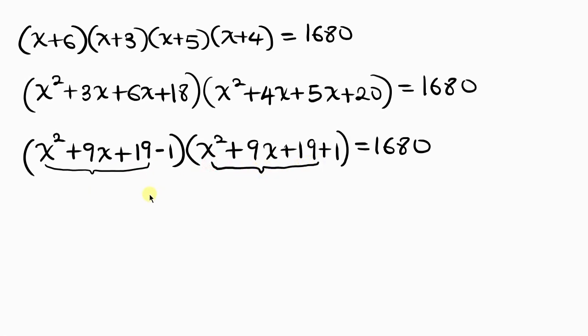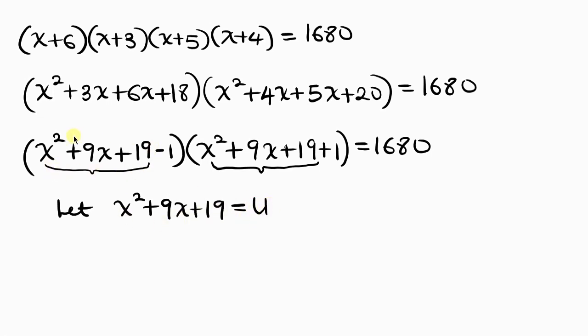Now, if you look, you'll notice that it is actually the same expression. So we can apply substitution as our next step. Let this expression, x squared plus 9x plus 19, be equal to u. Wherever I see this expression, I'll be putting u there.